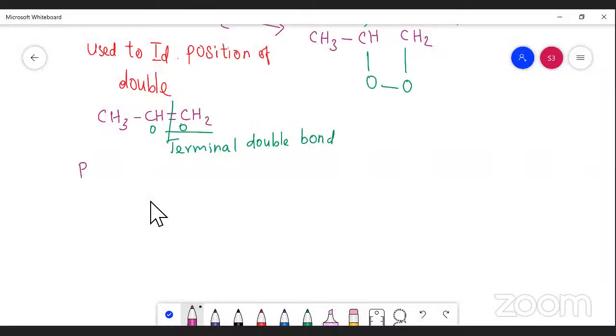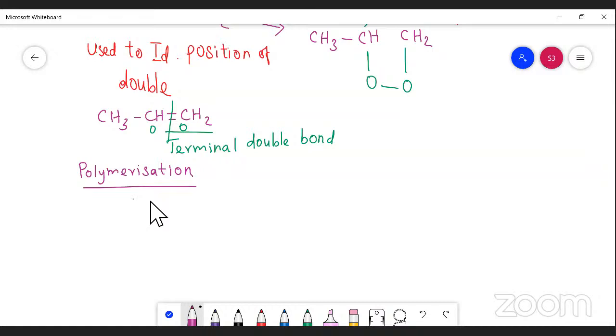Okay, the next reaction is polymerization. In polymerization, the monomer is converted into polymer. That is n number of monomers.